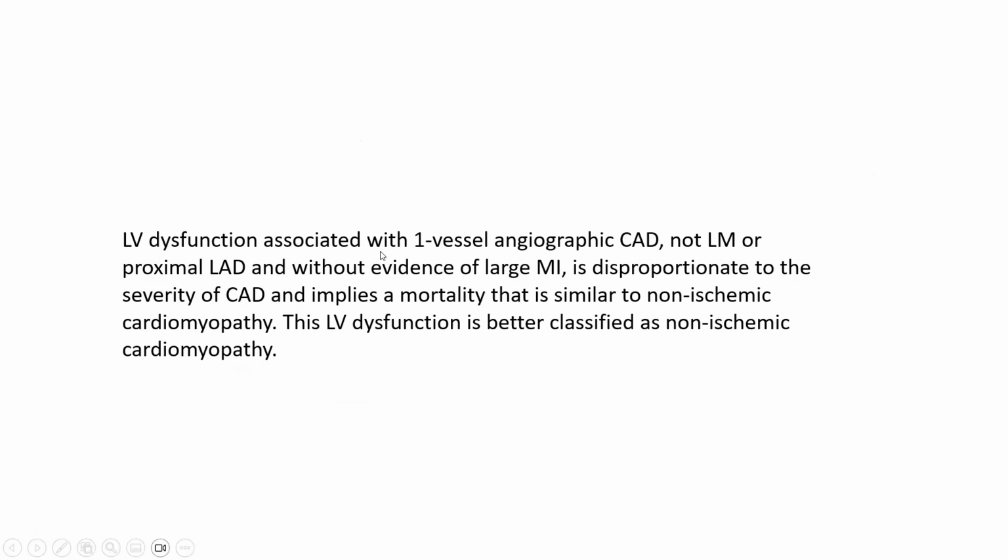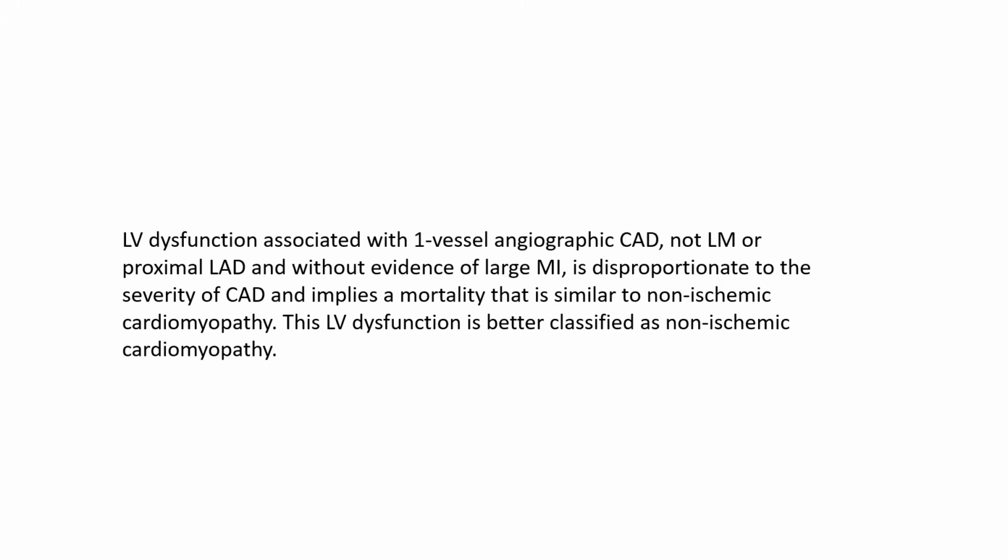If you have LV dysfunction with one vessel angiographic CAD, not left main or proximal LAD, and without evidence of a prior large Q wave MI, this is LV dysfunction disproportionate to CAD and implies a mortality similar to non-ischemic cardiomyopathy. This LV dysfunction is better classified as non-ischemic cardiomyopathy with incidental CAD.